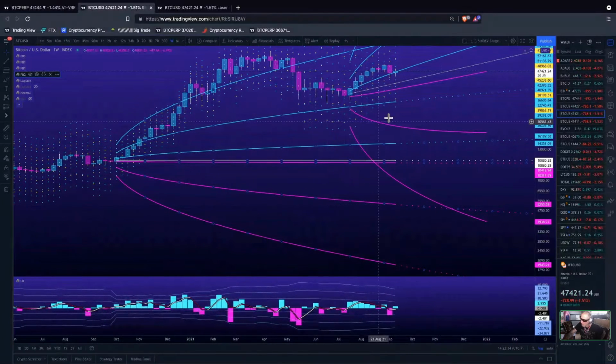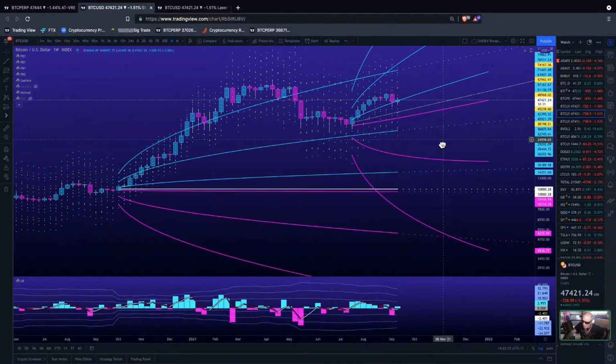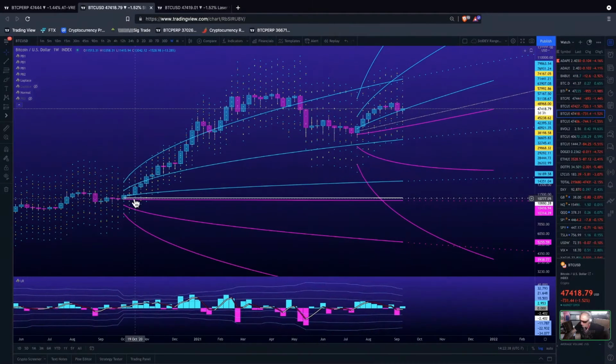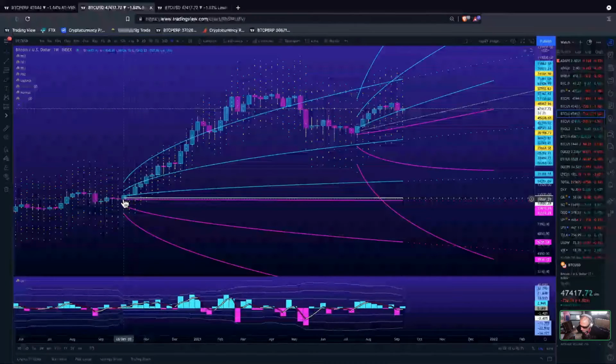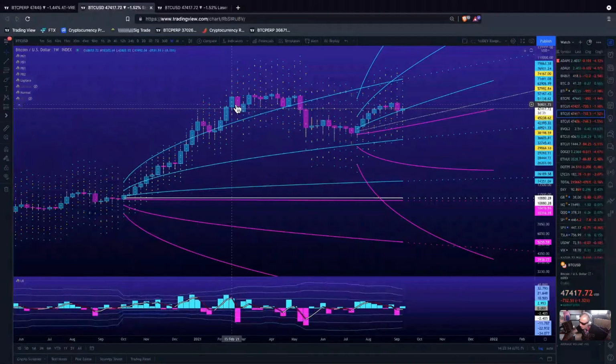So from this low right here, that launched from about 10,700 back in October of 2020, you can see how we got outside the Laplace distribution model. So it was a no-brainer, right? We get up here at this all-time high at 65, right about there, and this baby pulled back in.